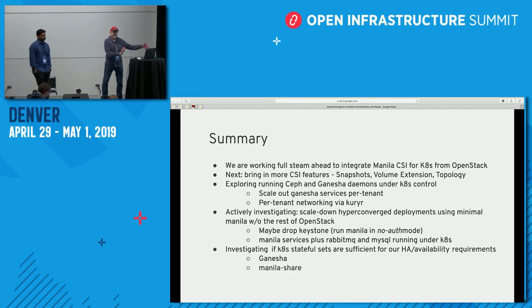That's one scenario. Then there's the other extreme, which I pointed to a little bit, where we took a few services that run in Manila today, just the Manila services and the RabbitMQ and MariaDB. Now we could run that with a single container orchestrator, and Keystone in that picture then goes away. It's optional. There's just a single tenant from an OpenStack point of view in that scenario.